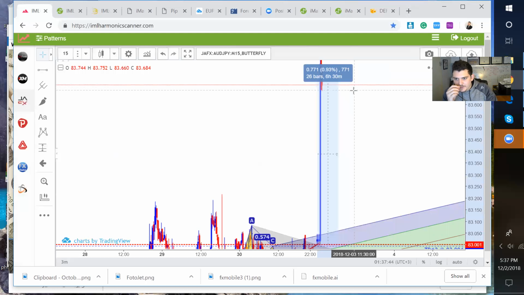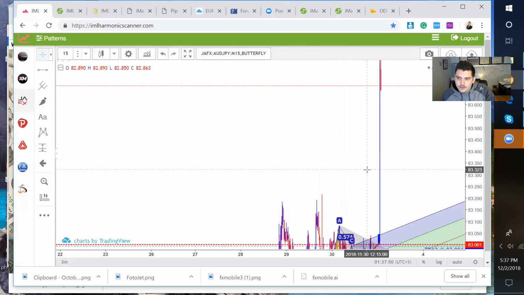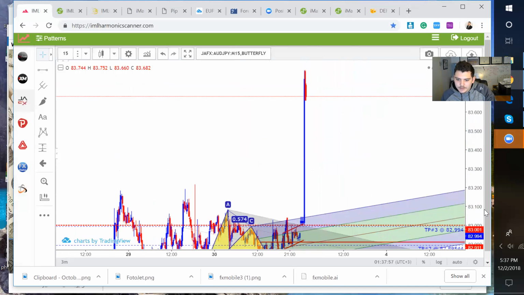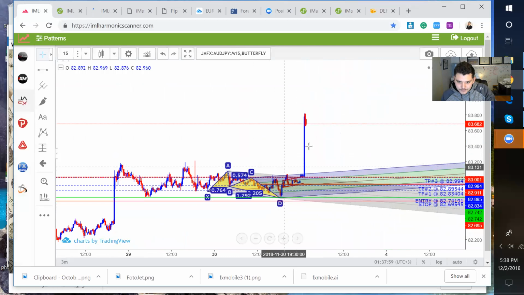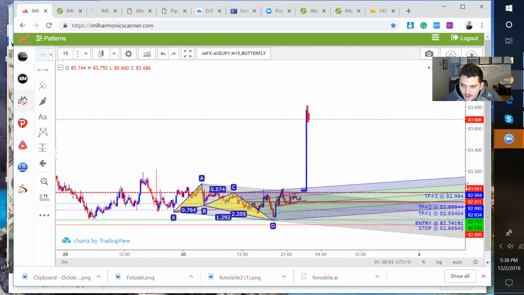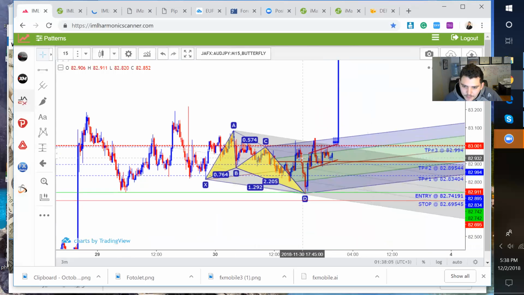So 77 pips on the buy is quite a bit to be able to get into. And of course, this doesn't happen all the time, but that's the power of being able to use all this information at the same time, because I was able to come in here.